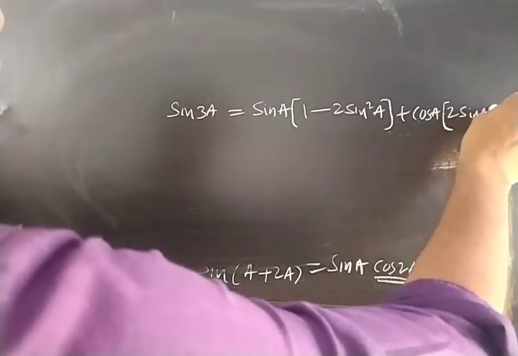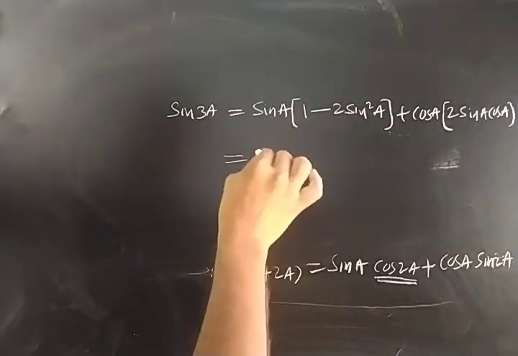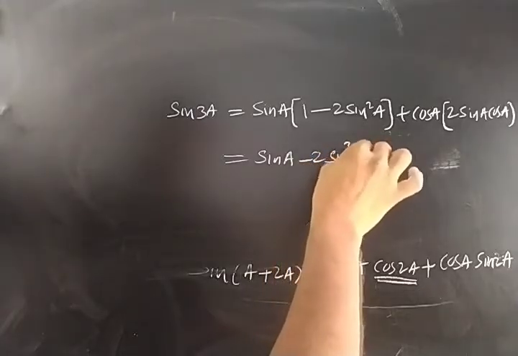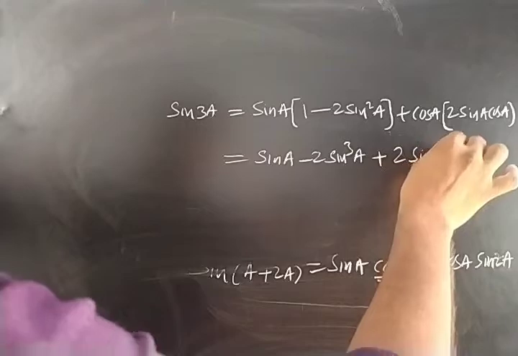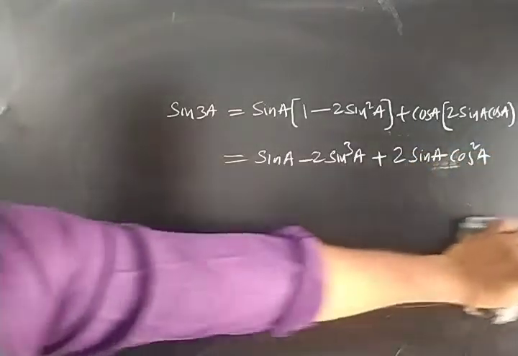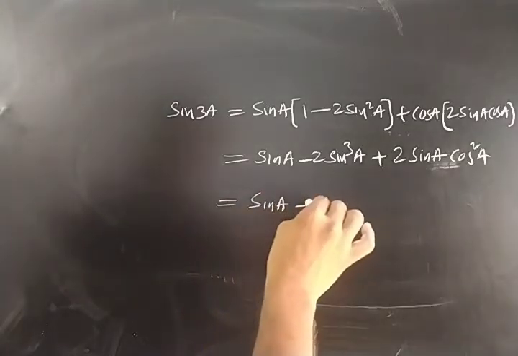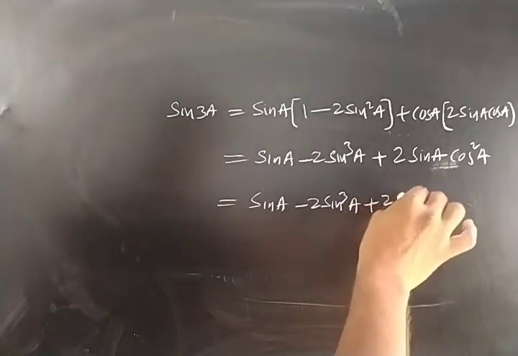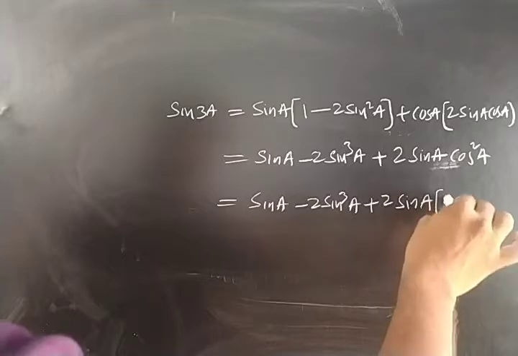Using the first identity of double angle identity, by multiplying here you will get sin a minus 2 sin cube a plus 2 sin a cos square a. Again I am going to convert cos in terms of sin: sin a minus 2 sin cube a plus 2 sin a into 1 minus sin square a.